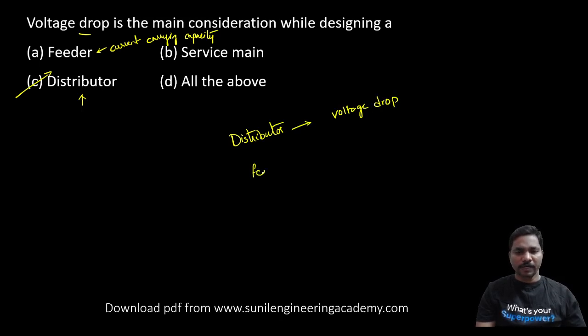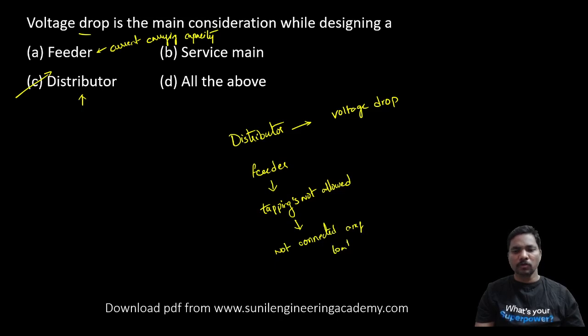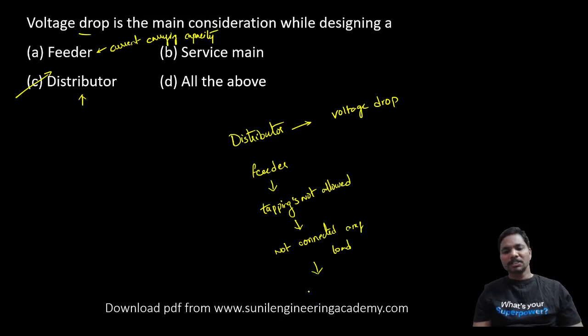In case of feeder, tappings are not allowed, and that means we do not connect any loads to it. Whenever the loads are not connected, we have to maintain the constant current density, current per unit area.